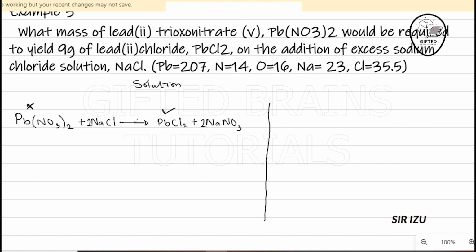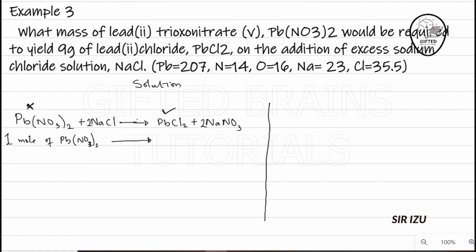Now the first thing to do is to write out the moles of what we're asked to get. Here I have 1 mole of Pb(NO3)2 required to get 1 mole as well of PbCl2.